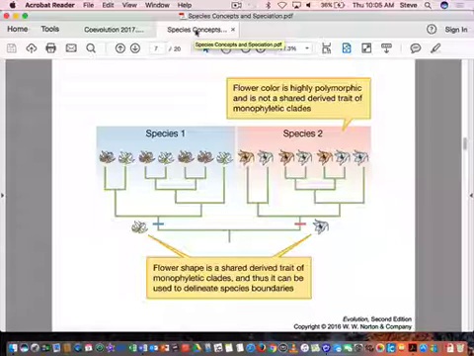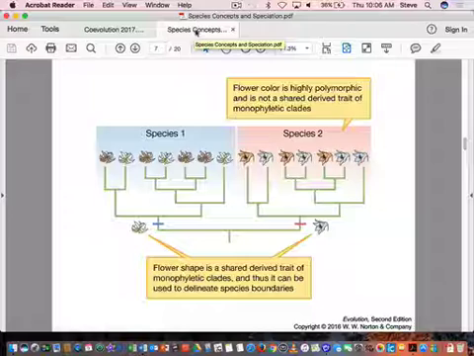And what we're saying is that shape arose in the common ancestor to all this species and all the subpopulations or populations within it. And it's a shared derived trait that characterizes each one of these monophyletic clades, that is species 1 and species 2. And we use that to delineate or determine the species boundaries. It's this particular trait, the flower shape, not flower color, that we use to recognize these different species, okay?